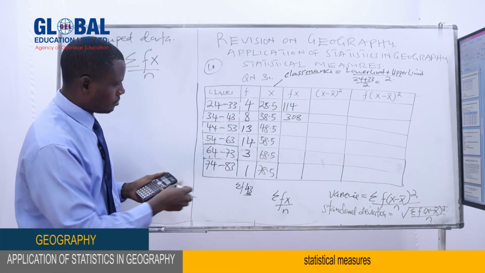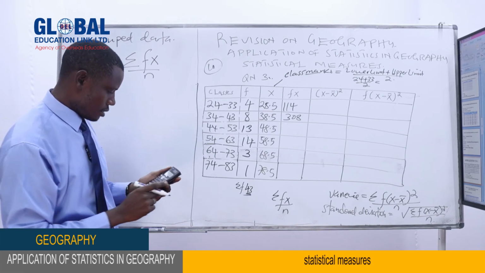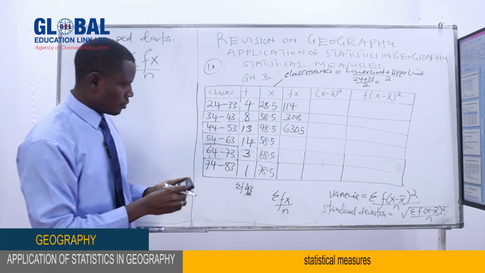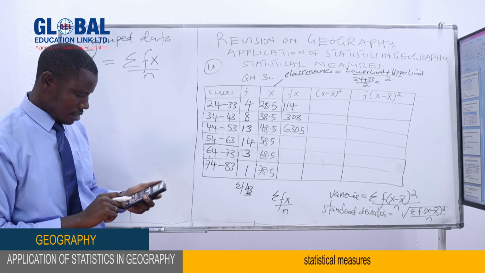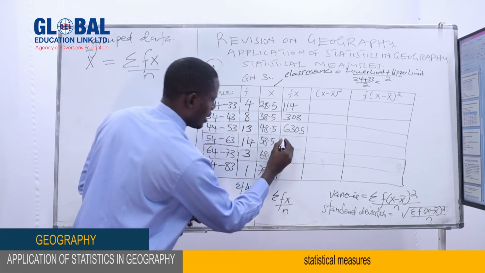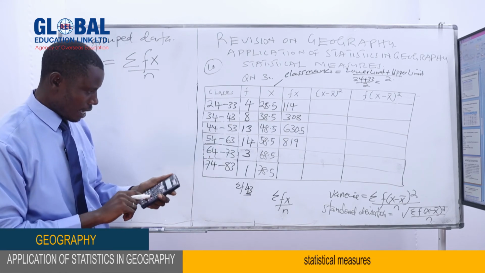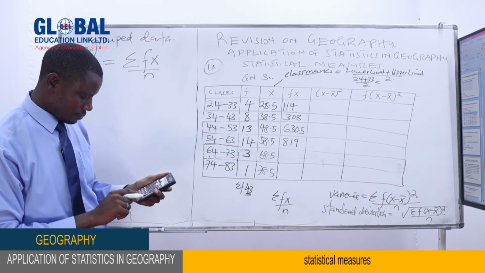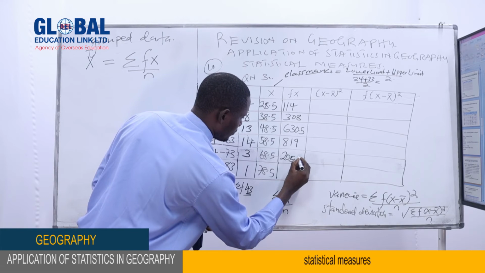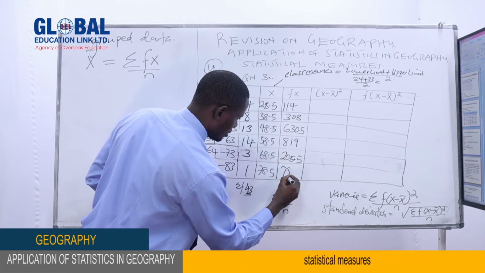Then 13 times 48.5, and you come up with 630.5. Then 14 times 58.5, and we come up with 819. Then 3 times 68.5, and we come up with 205.5. And the last one, 1 times 78.5, we get 78.5.